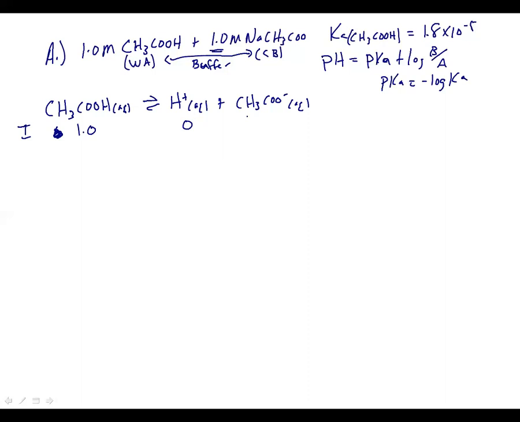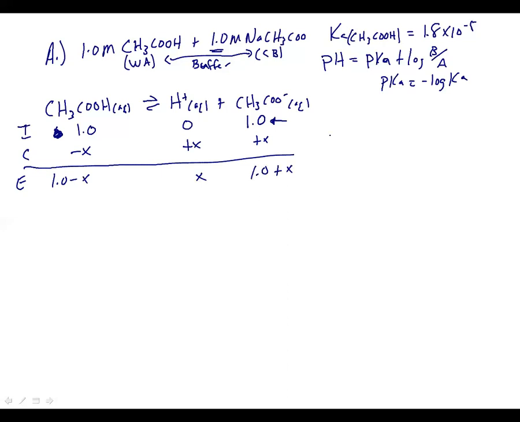When people do this table, oftentimes they mess up right there. They put zero there because they're so used to putting zero in that location for everything else. But if you put zero there, like we talked about last time, this is no longer a buffer. It's just a weak acid, a Ka problem. So it's very important, if you choose to do the table, that you have an initial concentration for that species. The change is going to be minus X, plus X, and plus X. At equilibrium, we get 1 minus X, X, and 1 plus X.